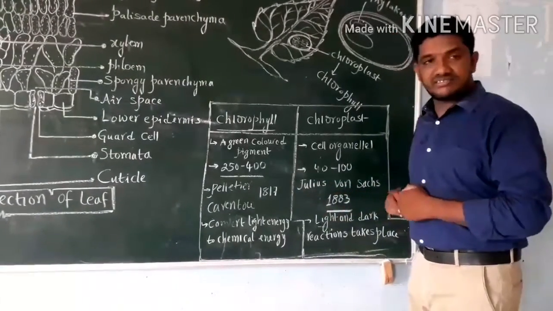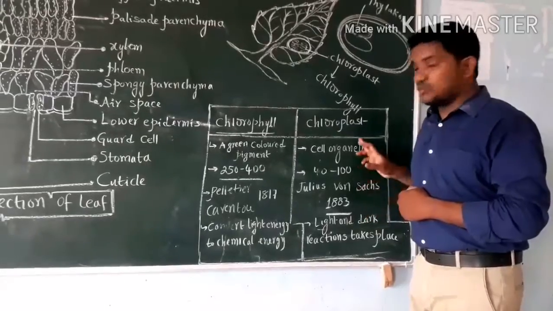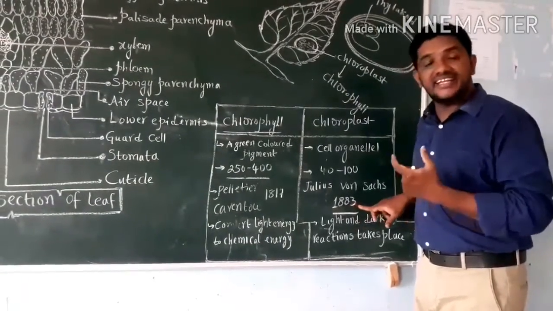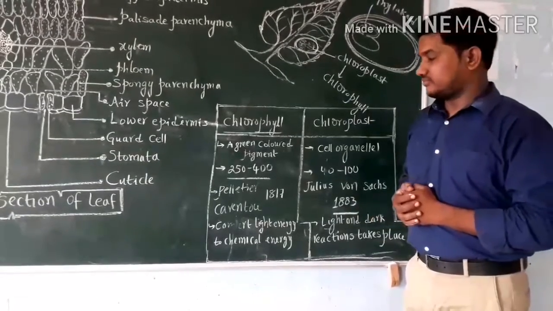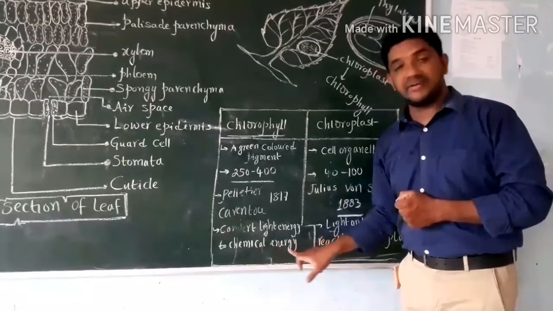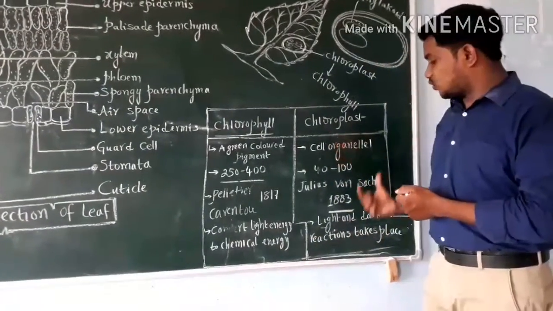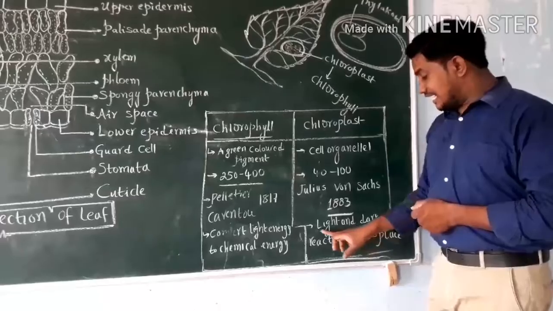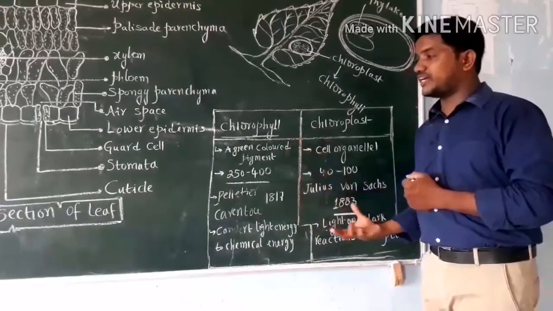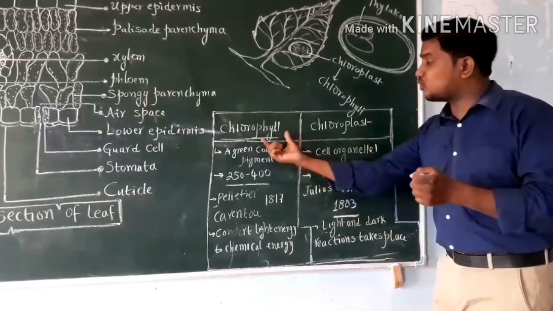Julius von Sachs observed the chloroplast as a cell organelle in the year 1883. Next one, chlorophyll converts the light energy to chemical energy, whereas in the chloroplast, light and dark reactions take place. These are a few points of difference between chlorophyll and chloroplast.